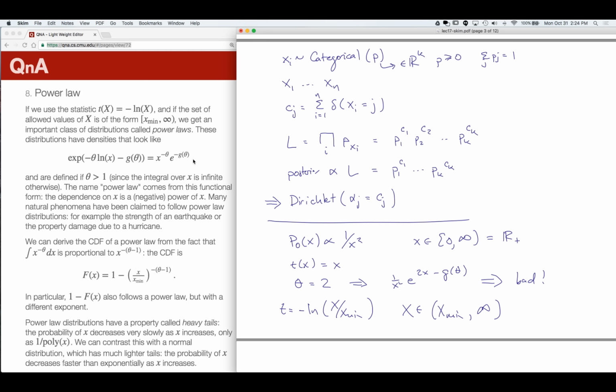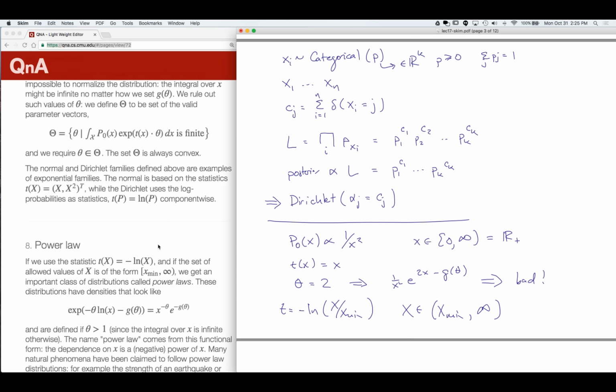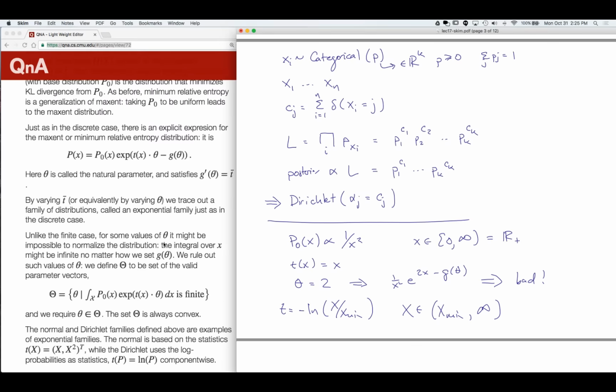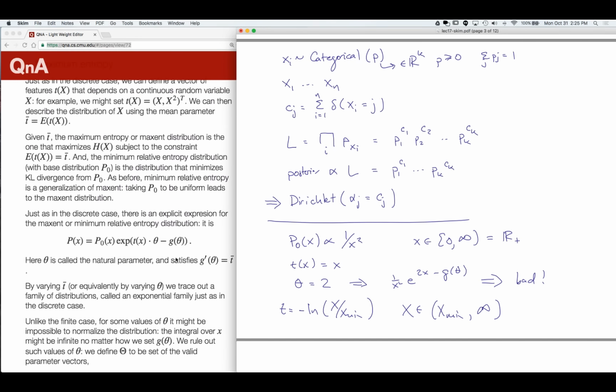Somebody is asking how to compute the derivative of log likelihood with respect to theta. I'm going to assume that means in the context of an exponential family up here.